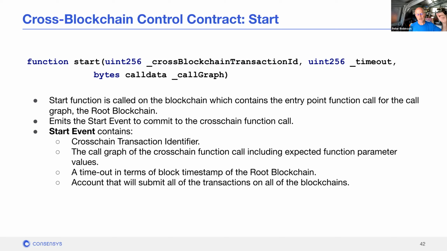And so when an event gets emitted, the start event, and that has the cross-chain identifier, the call graph of what you plan to execute. So this is where you're committing to what you're going to execute, and a timeout in terms of this root blockchain's timestamp. And also another thing is that you're registering what account you're going to send all of the parts of the transaction from.